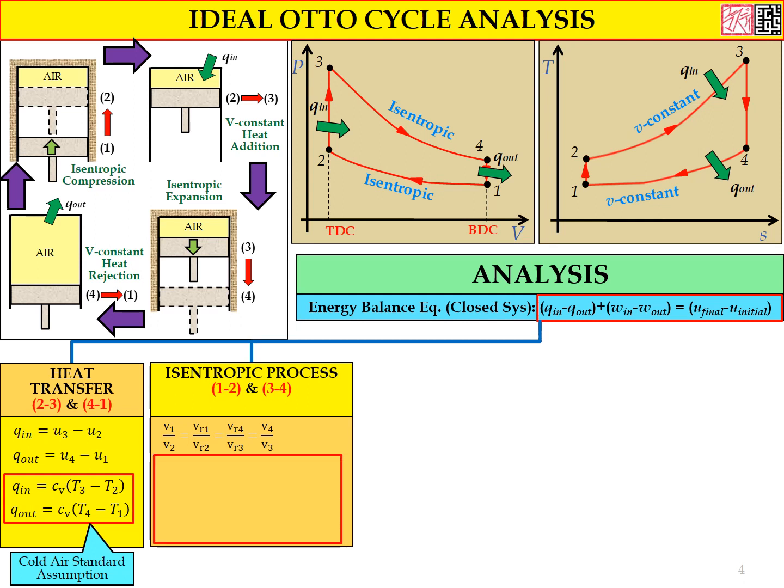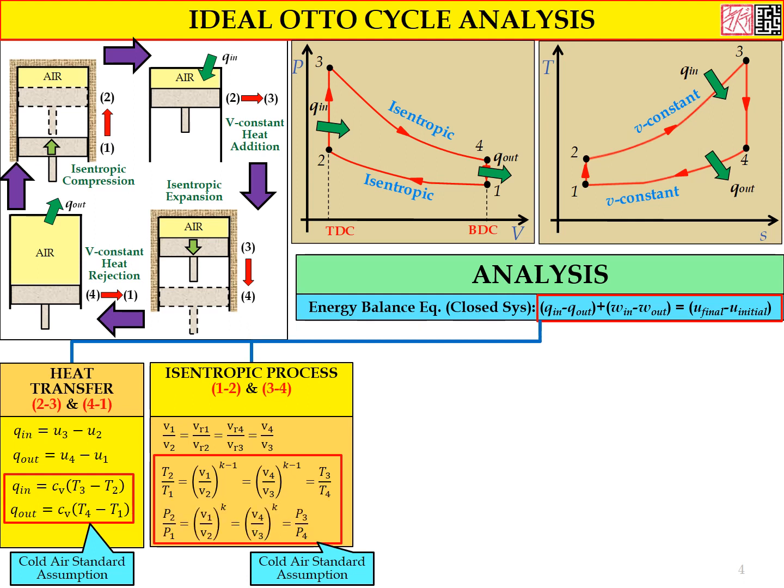Okay, but if the case involved is the constant specific heat or cold air standard assumption, we can use this equation. We have temperature ratio equal to volume ratio to the power of k minus 1. The value of k is normally given, and for air normally the value will be 1.4.